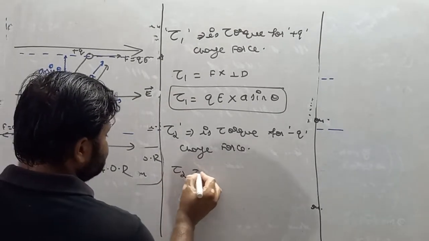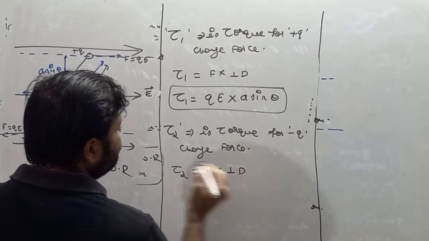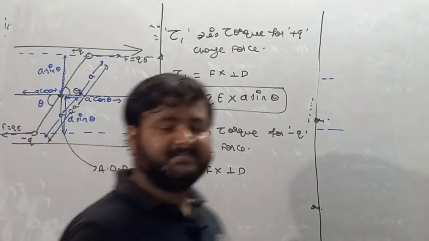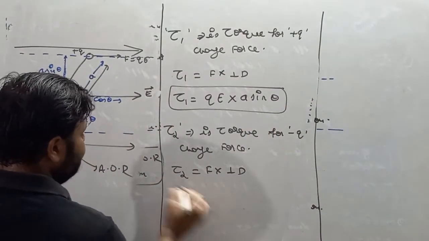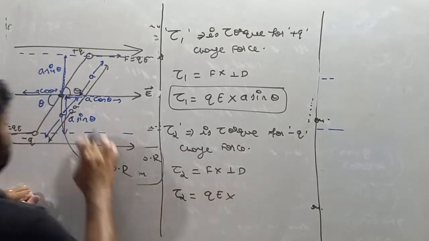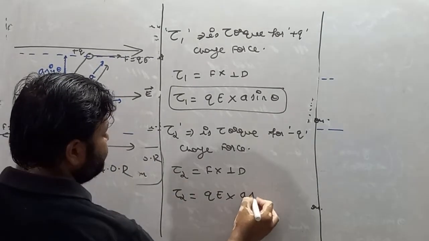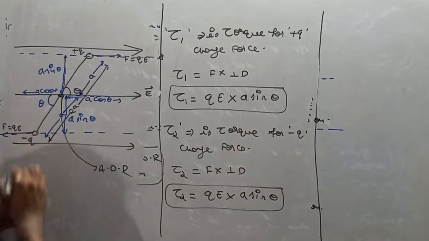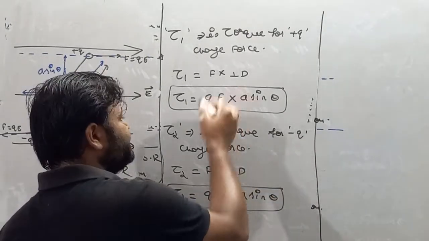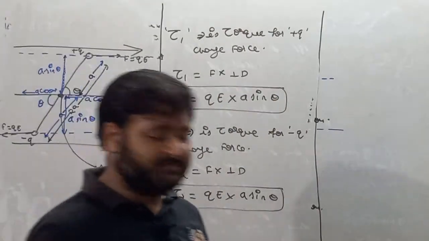So I'll write tau 2 is again force into perpendicular distance from the axis of rotation to the line of action. Dear student, for tau 2 the force is again qE and the perpendicular distance is again a sin theta. So this is the torque due to the negative charge force and this is the torque due to the positive charge force.